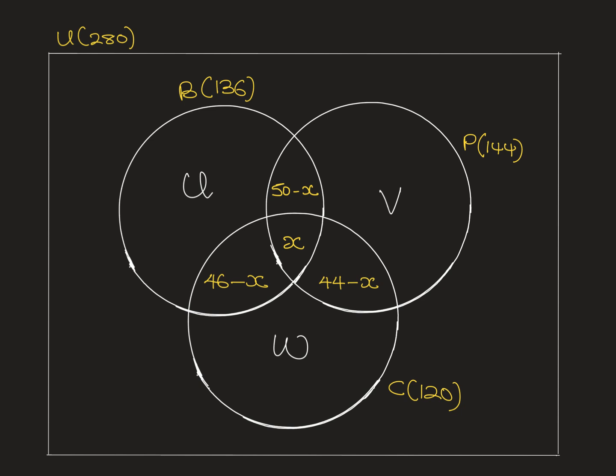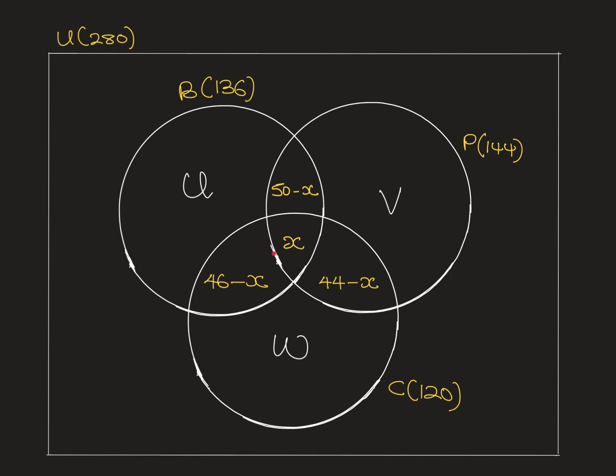So I can find these values. Why? Because if you look at this circle, it is the total number of students studying biology, and it is 136. If you look at this other circle, the total number of students studying chemistry is 120.